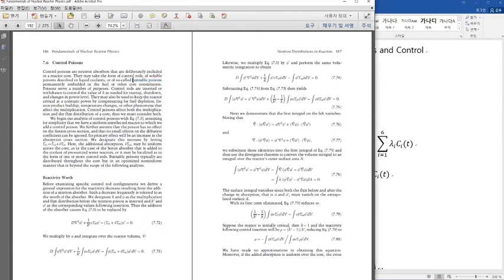The name burnable comes from the fact that these poisons usually absorb neutrons in an early time period of a nuclear reactor. So an early time period, like a period of several months, while operating the reactor for 18 months.